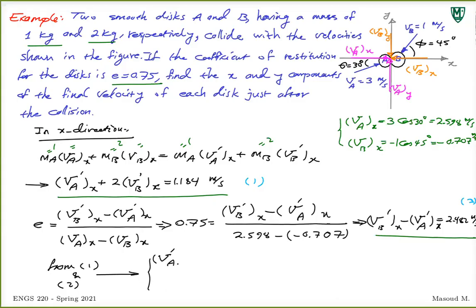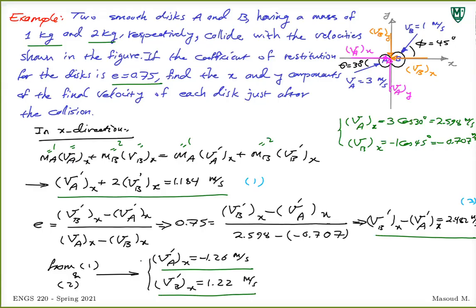From 1 and 2, 2 equations, 2 unknowns, you'll get VA prime X as minus 1.26 meter per second, and you will get VB prime X as 1.22 meter per second. All right, pay attention to negative sign.